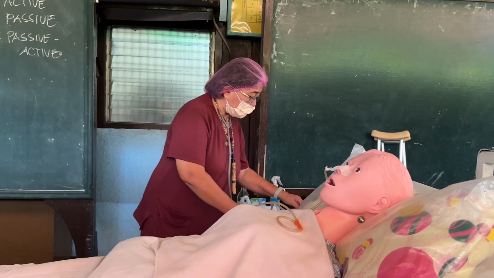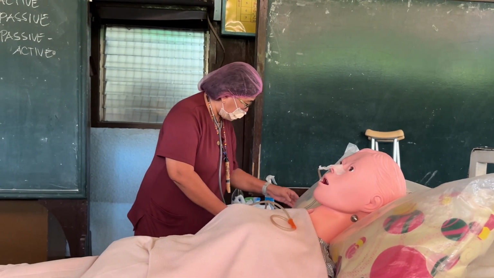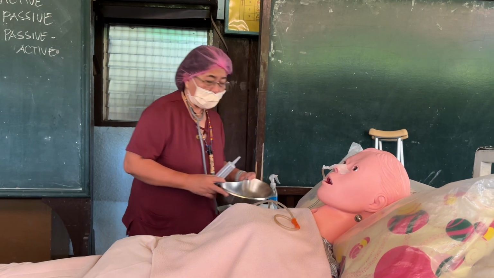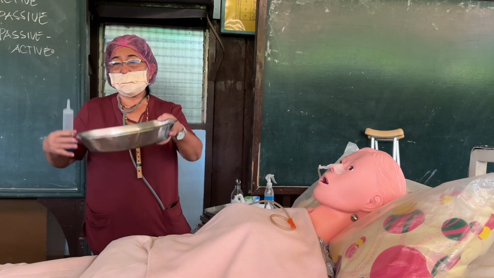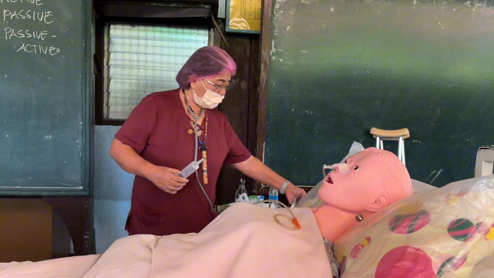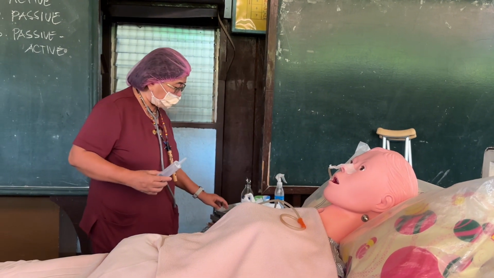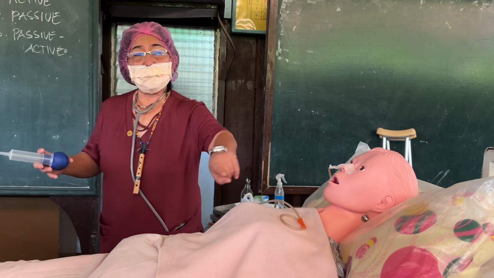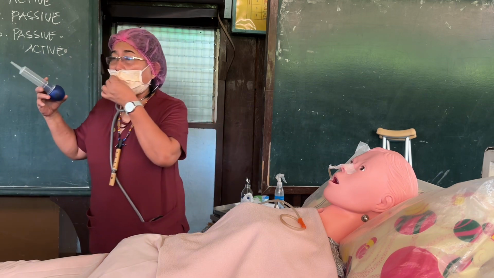So now I have prepared the 1,000 cc of PNSS. I have a basal receptacle where I'm going to flush out the irrigated abdominal contents that I aspirate.